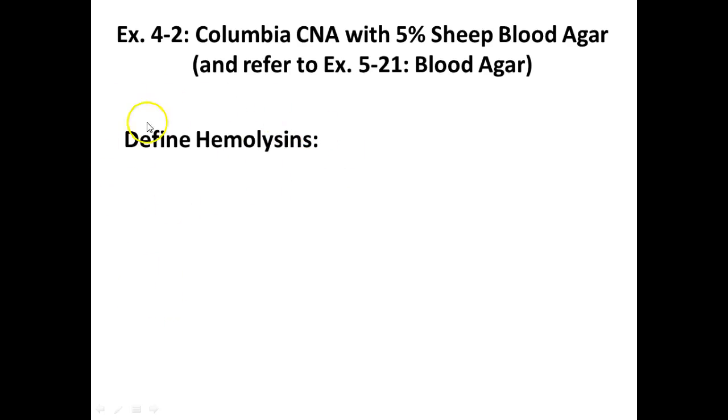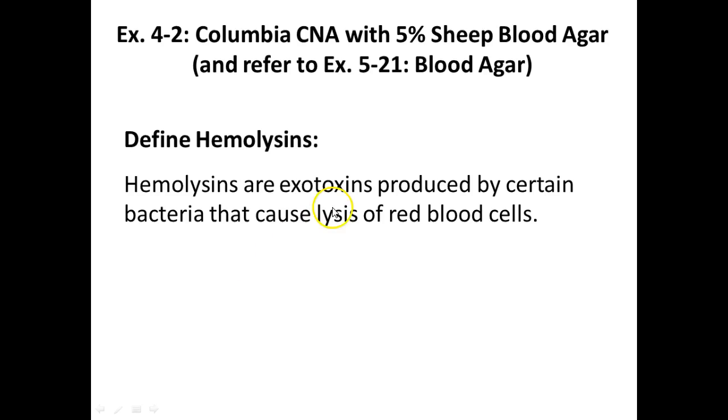So these plates, we're really looking for if the organisms can produce hemolysis. And as the name implies, these are toxins released by some bacteria, and they have the ability to lyse red blood cells. So hemo referring to blood, lysin referring to the destruction of those cells.